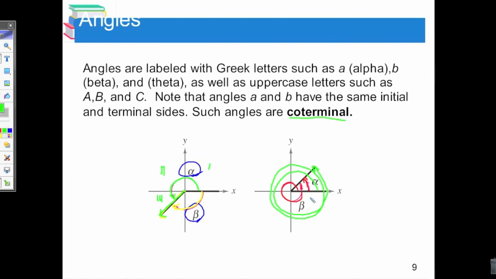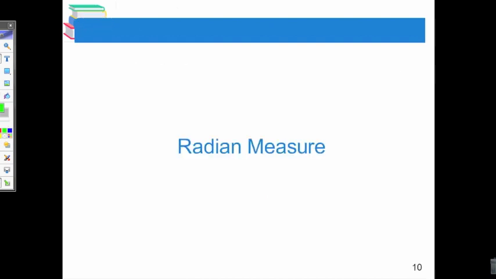And along that same line, it could have been 3 rotations, 4 rotations, 5 rotations, in the positive or the negative direction, as long as it still landed at this same terminal point. So with that idea, you can conclude that in terms of how many coterminal angles there are with a single one, that number should be infinite, because we can go through as many rotations as we'd like to.